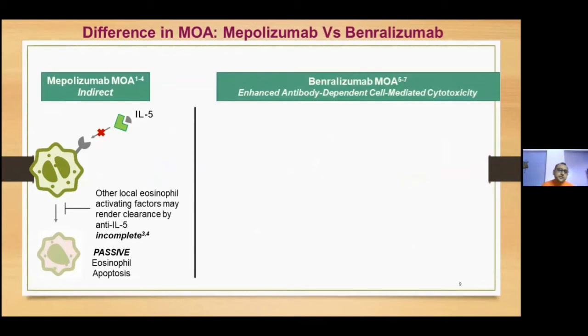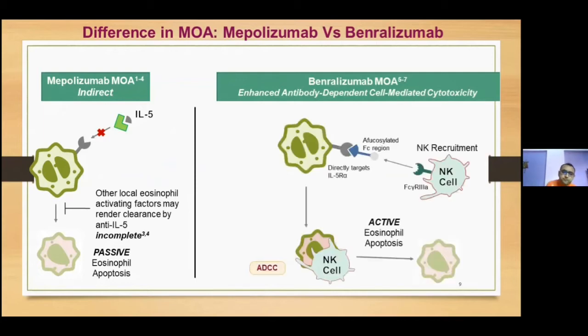If we revisit the mechanism of action of mepolizumab, that is the anti-IL-5 monoclonal antibody, then we can see that they reduce the eosinophil count through the indirect mechanism of IL-5 neutralization.